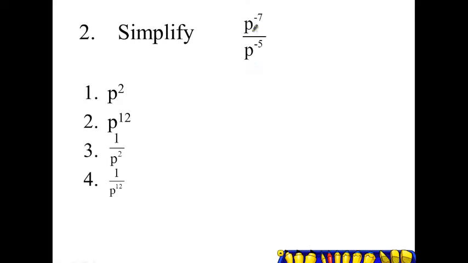Next question. p raised to negative 7 divided by p raised to negative 5. Now if we are going to apply move it and lose it, this will go down, move it, lose the negative sign. Same thing with p raised to negative 5, move it up, lose the negative sign. So you will have here p^5 divided by p^7.